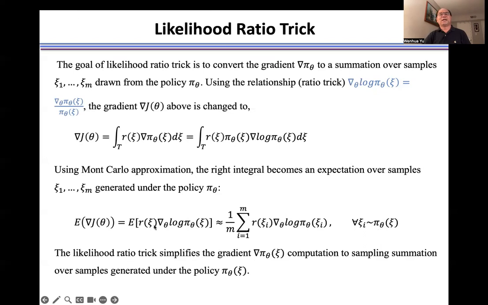So through the likelihood ratio trick, we don't need to calculate the gradient of the policy. Instead, we calculate the sampling summation.